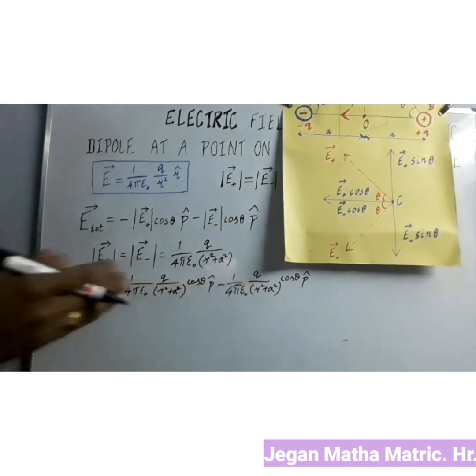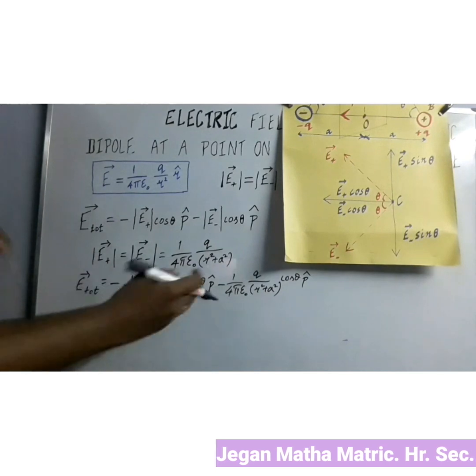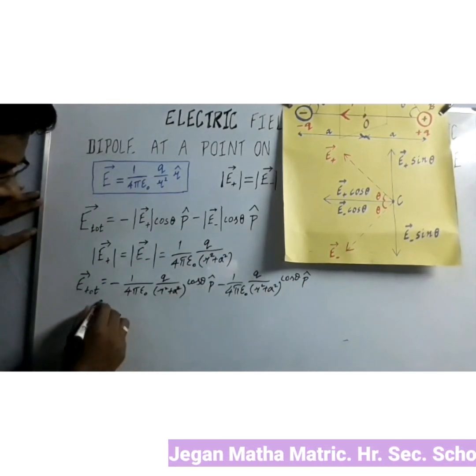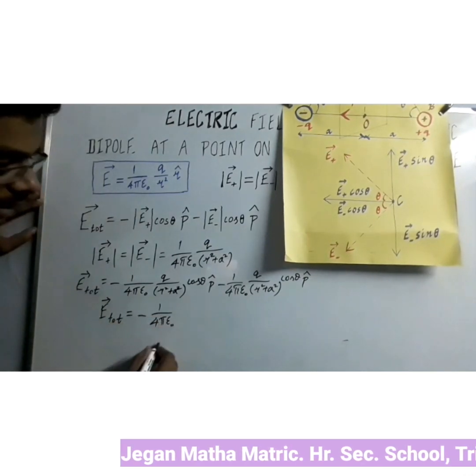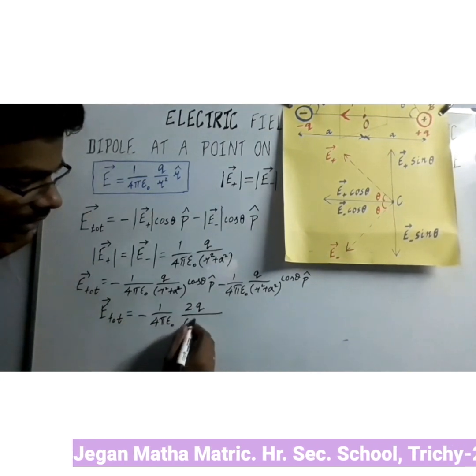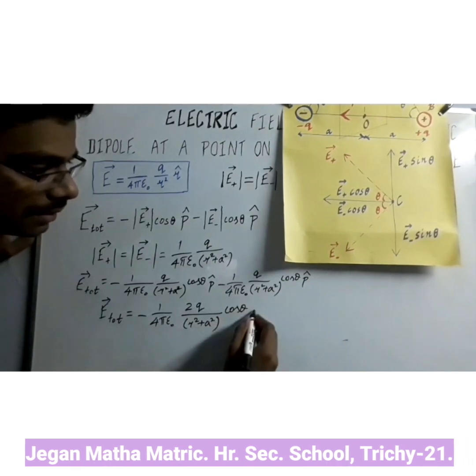Fortunately both are the same, so you can add the two. So the total electric field is equal to minus 1 by 4 pi epsilon naught 2q by r square plus a square cos theta p cap.